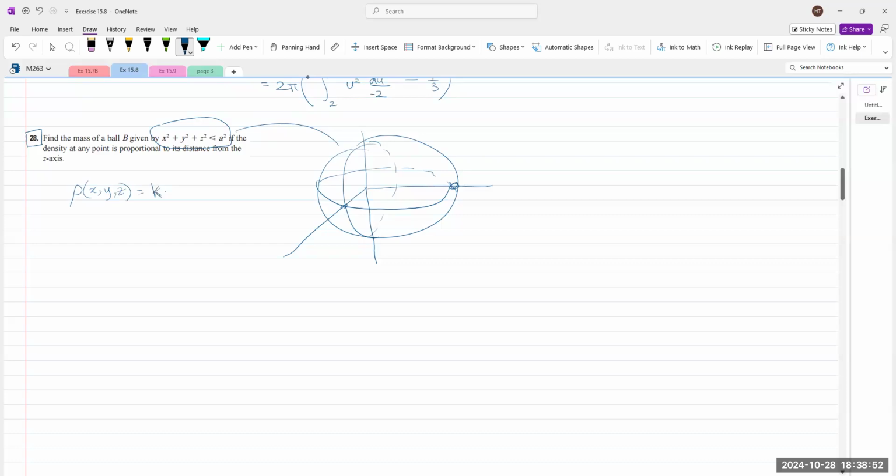The distance from the z-axis is square root of x squared plus y squared. So in polar, this is kr.